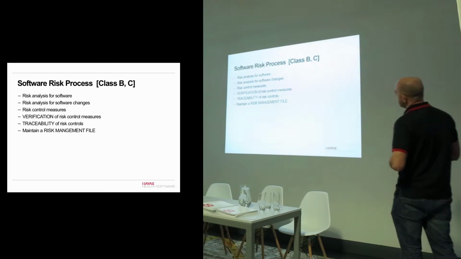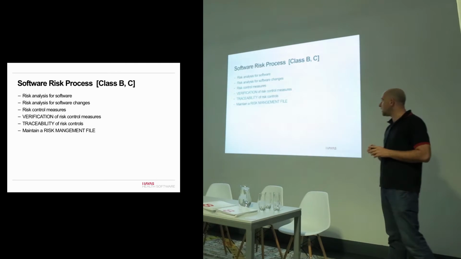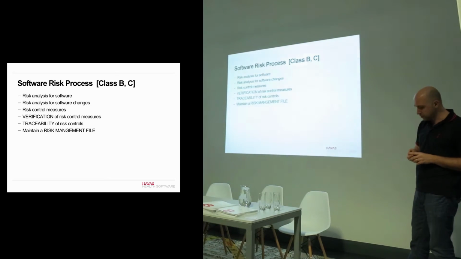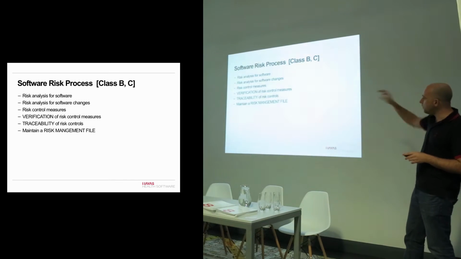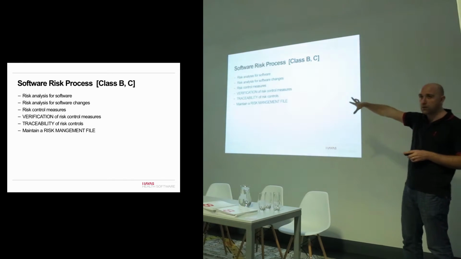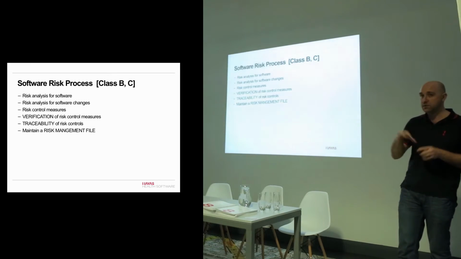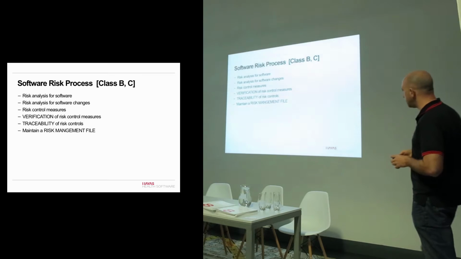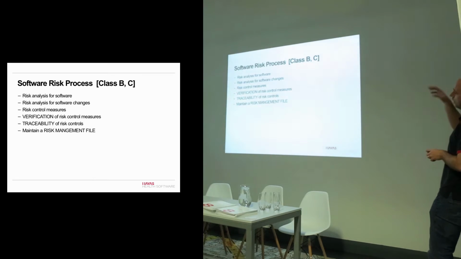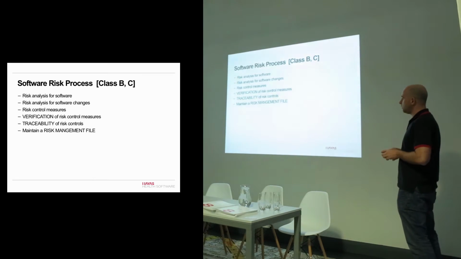The actual risk process as well: one of the things you will keep throughout your process is a risk management file. There is no definition in the standard of what a risk management file actually is. You really expect it to follow the risk management process, the SDLC risk management process, and how that one's going to work.